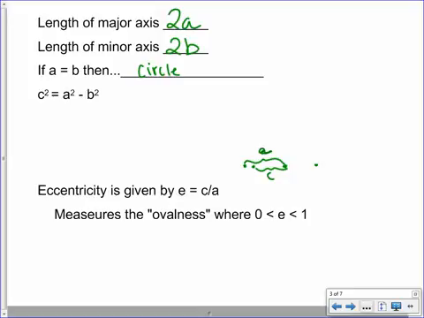Okay. Let me bring back our pictures here. This is more circular. This is more oval. The more circular one had foci that are further or closer? Closer. Okay? So if we take C over A here and C over A here, which one's going to be closer to 1?